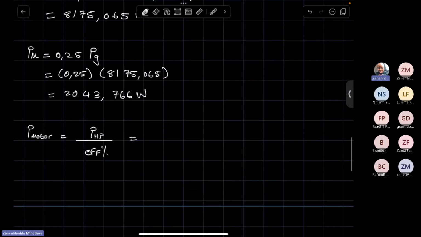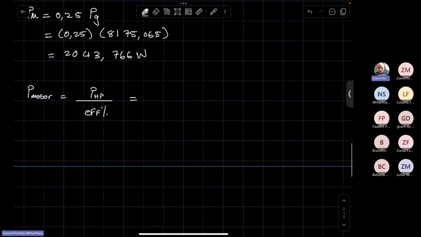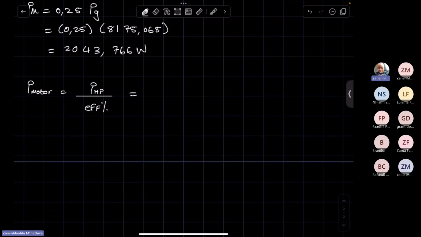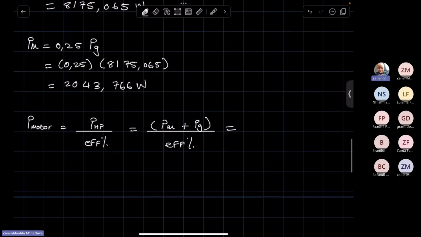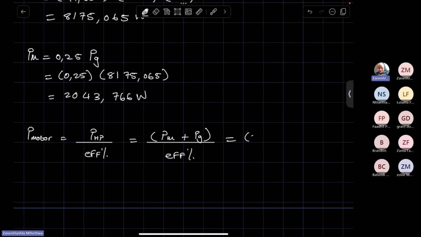The power of the head pulley, as you know, is equal to power to overcome gravity plus the power to overcome friction. So this is equal to P_f plus P_G, divided by the efficiency. Now you simply substitute. Power to overcome friction is 2043.766 plus the power to overcome gravity.